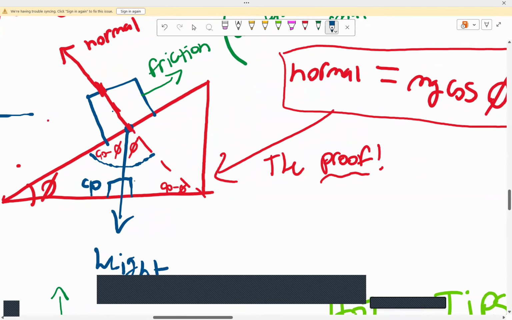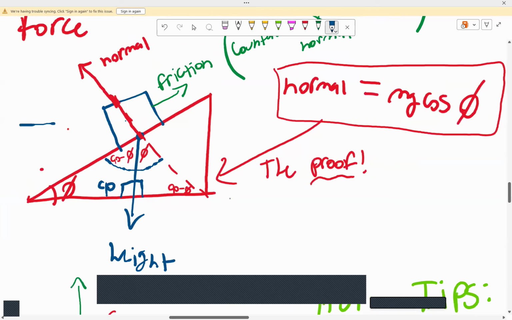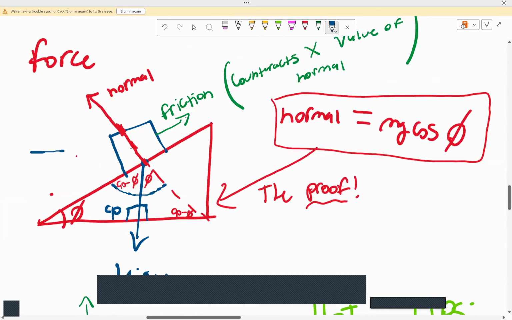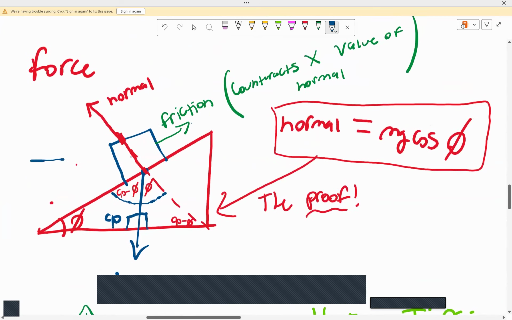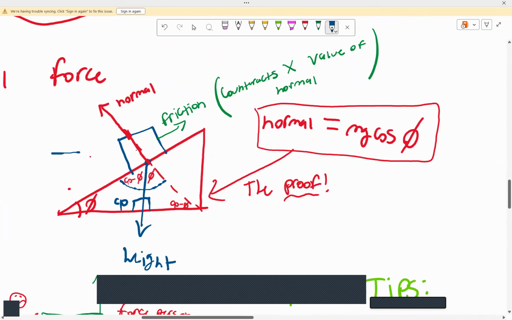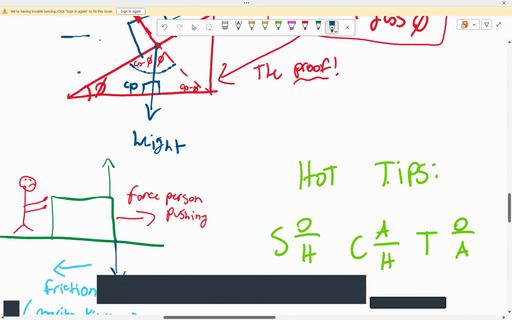And then you have cosine theta, and you're using cosine because it's the adjacent to said angle. Not sine, which would be if it were opposite, which would be here. That's not the case. And then that's how you get your friction. So it is the x value of the normal force, mg cosine theta. And that is the proof behind it.